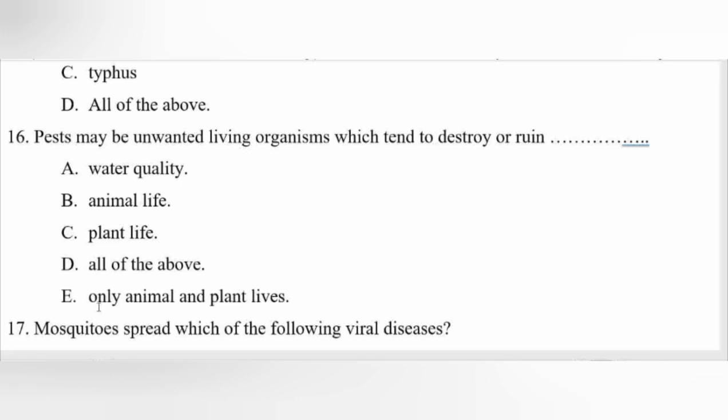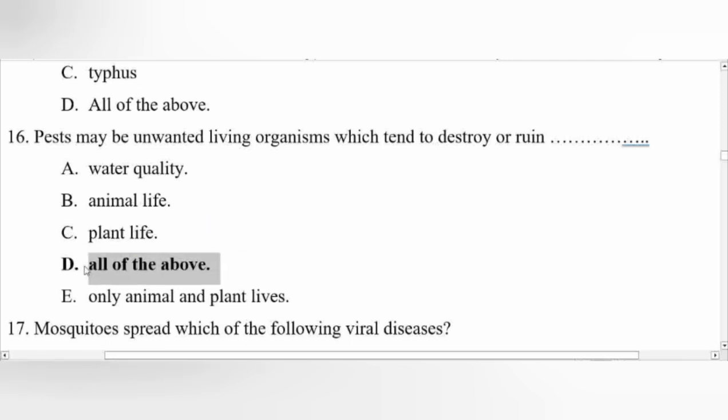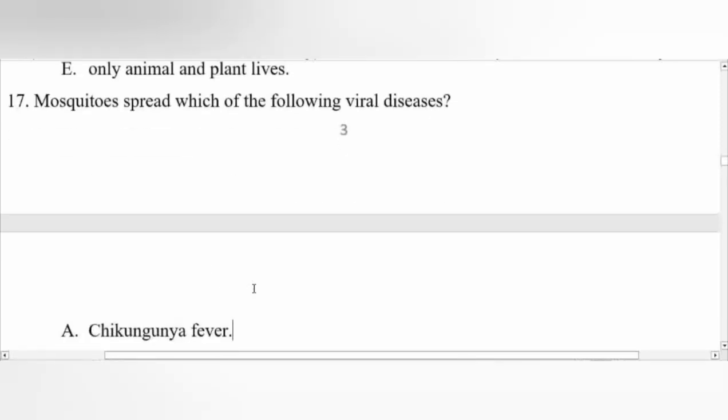Pests don't ruin only animal and plant life. They can also ruin water quality. So this E is not our option. They can ruin water quality, animal life, and plant life, like the weeds, for example. And so our best option should be all of the above.